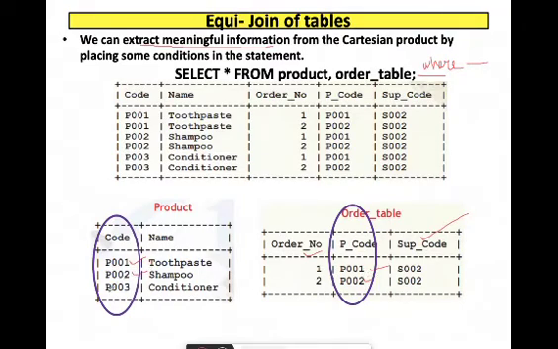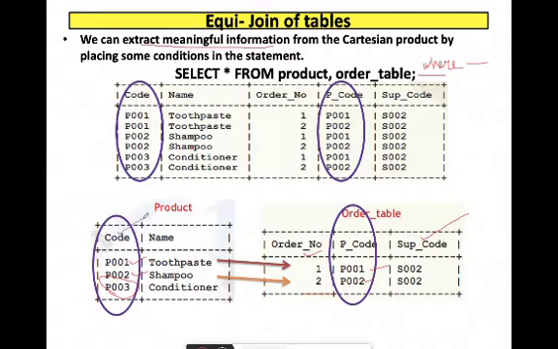If P003 is not there in the order table, that means the order of this has not been placed. So this is not to be linked, there is no supplier of this yet because the order has not been placed. So we have to pick only those rows in which the value of the common column in both the tables is matching with each other.